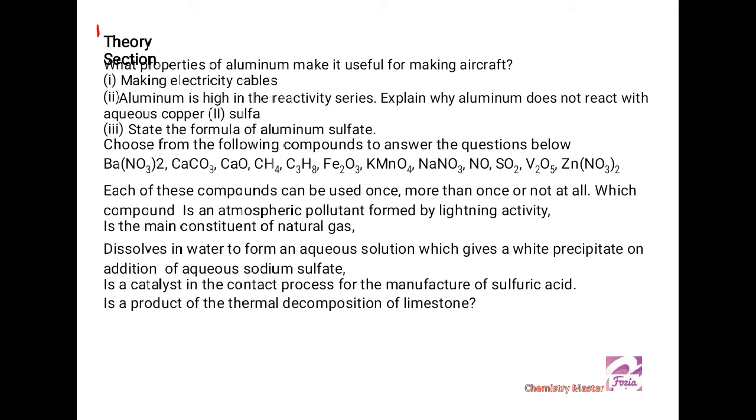The second question is why aluminum is selected to make electricity cables. Aluminum wire has a larger cross-sectional area to pass the same amount of current as copper wire can pass, but it's lighter.